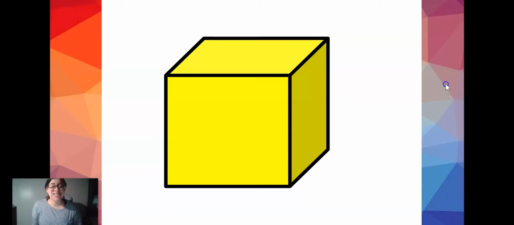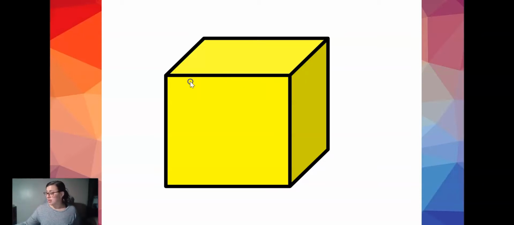So you just learned that this solid shape is named a cube. This is a cube, and a cube has faces, it has edges, and it has vertex.